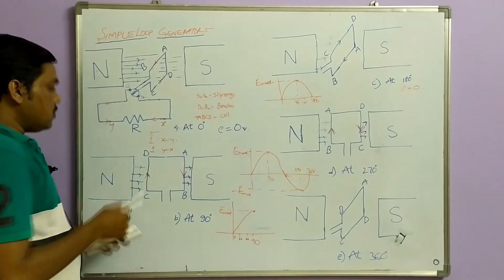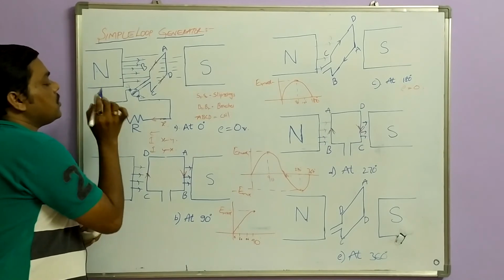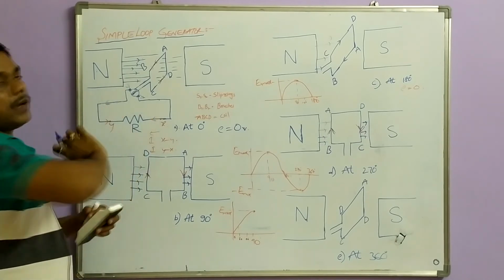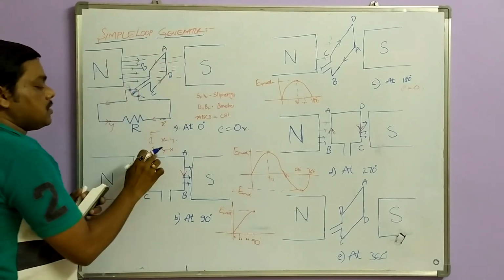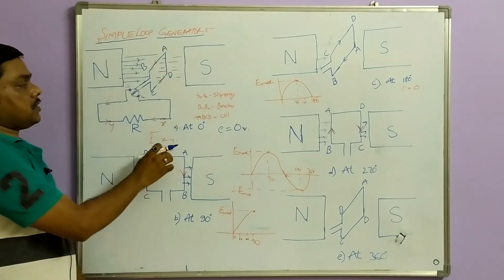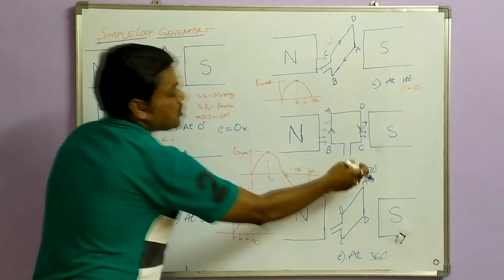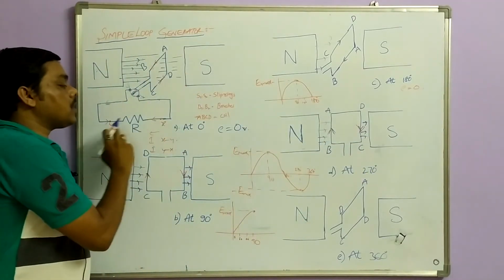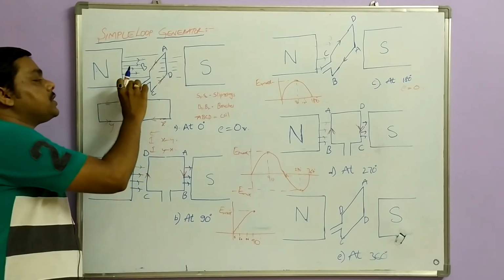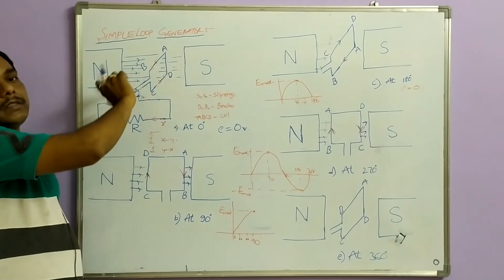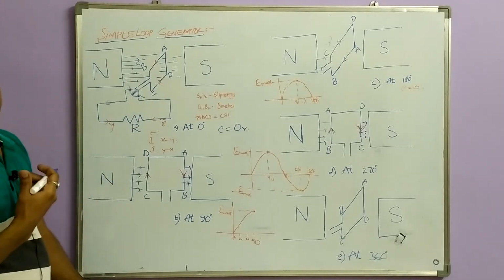So initially you assume the current direction is flowing from Y to X. Now the current is flowing from Y to X. Let us consider this case Y to X. Now after 270 degrees, again the same current is flowing from Y to X. So what is the reason? This split ring manages the unidirectional current.